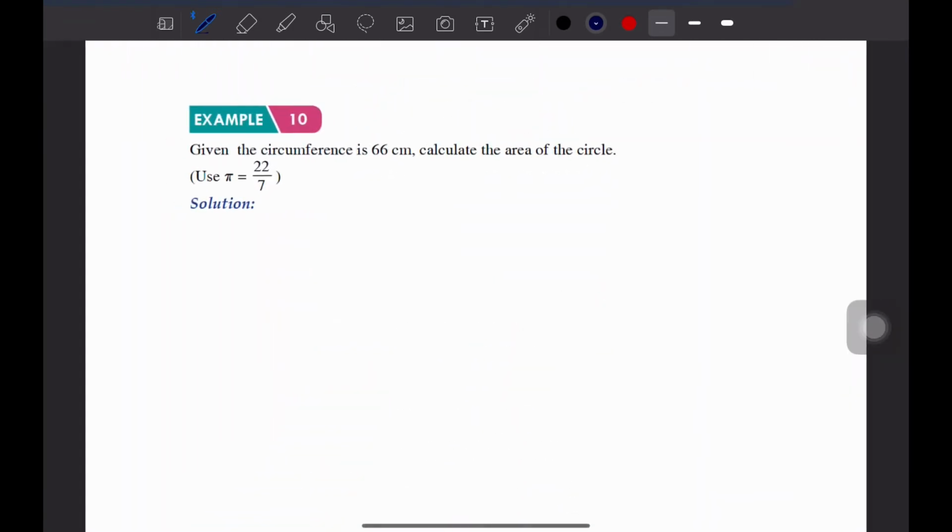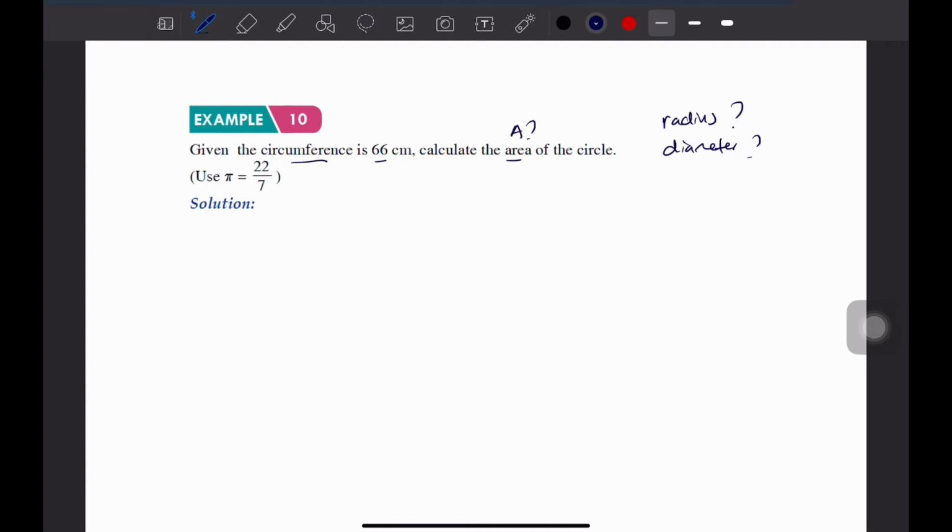Okay, next, given the circumference is 66, calculate the area of the circle. Okay, so this question get a bit harder. So circumference is 66, find the area. So in order to find circumference or area, you need to know what is the radius or what is the diameter.